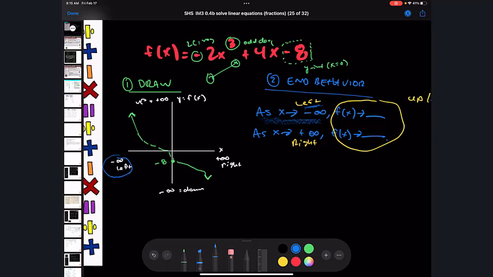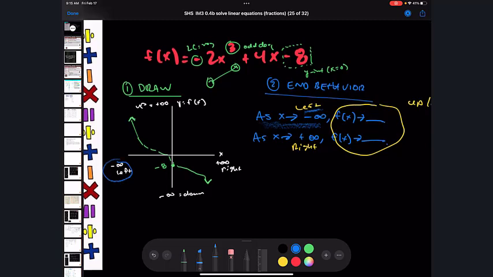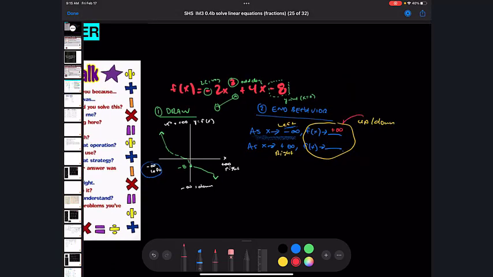So as I go towards the left, I'm going to draw these marks on my graph. Where's the graph going? The graph is going up. Well, how do you say up? You say up by writing on the f of x values, or the y values, positive infinity. That's what it means when you want to say the graph is going up.